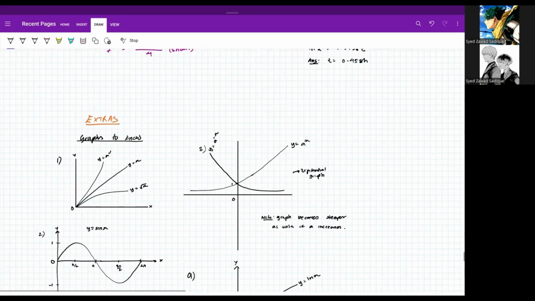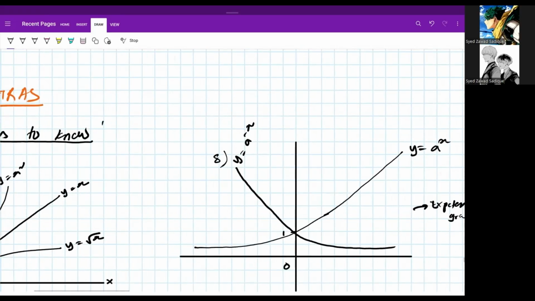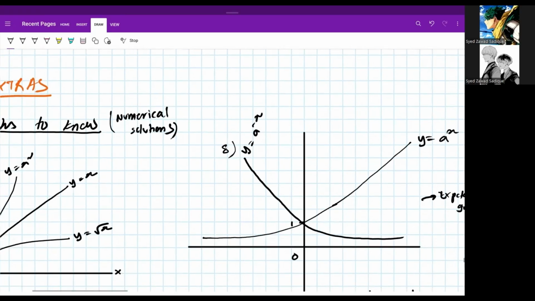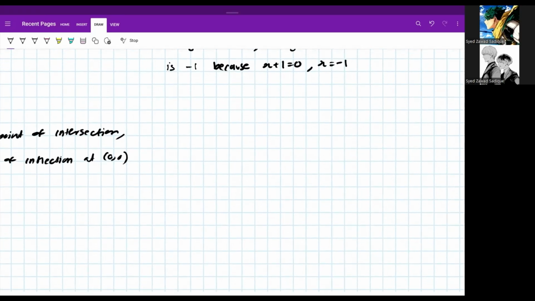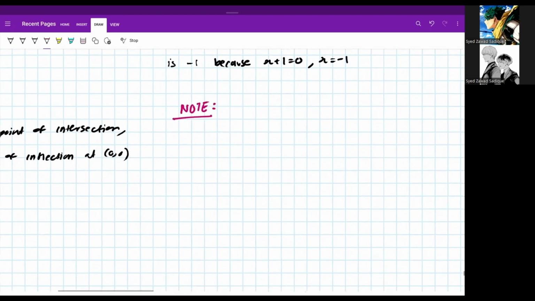This is mostly required for numerical solutions. Now, extra things that I'd like to add are notes.